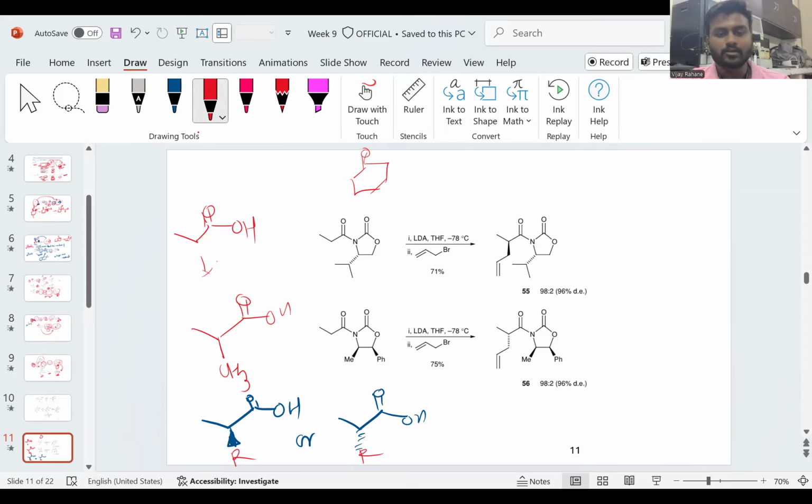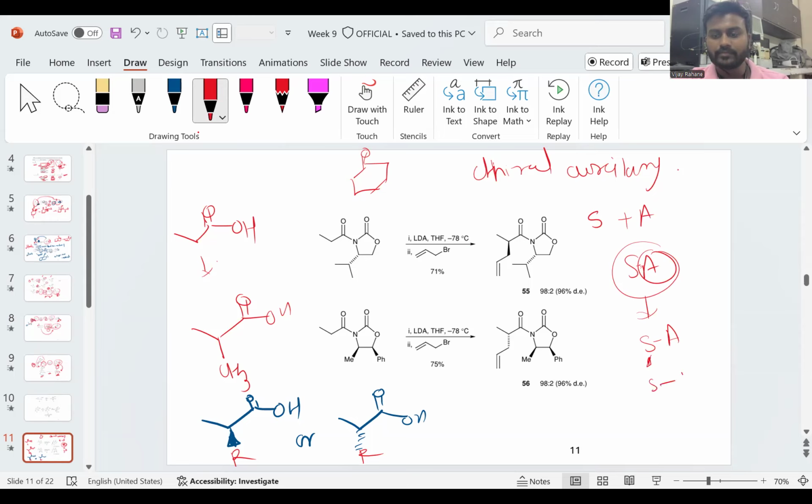We can use this kind of chiral auxiliary approach. So chiral auxiliary, right? What we do is add some external auxiliary to our starting material, so it forms an S plus A complex. Because of the stereochemistry of A, the addition takes place on this starting material and auxiliary complex in a stereoselective manner, whether in this manner or this manner.